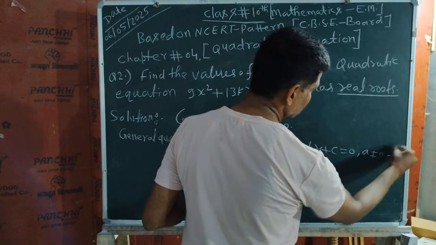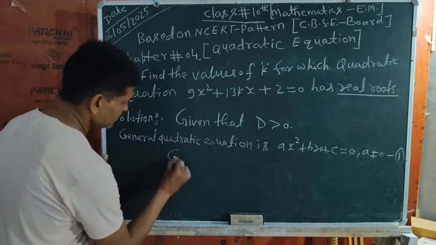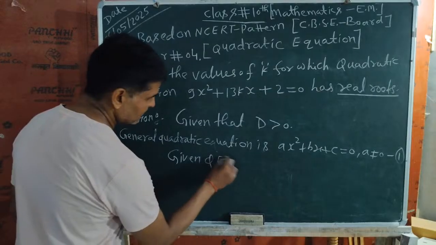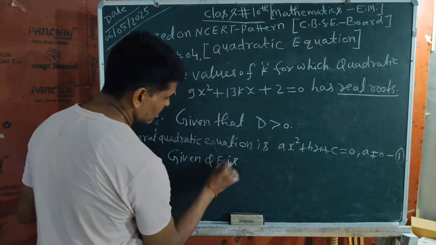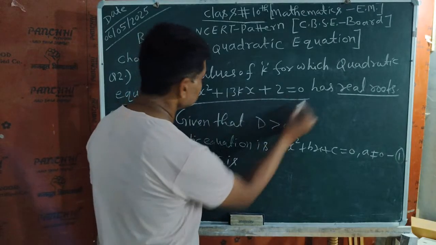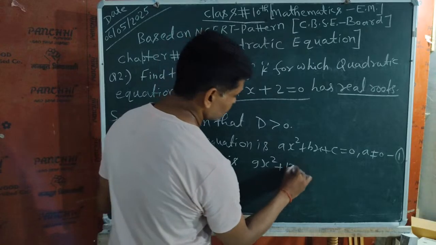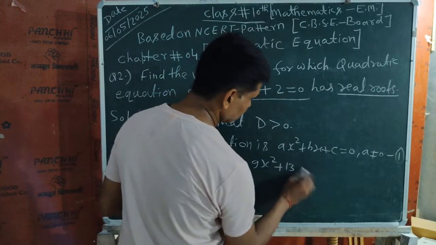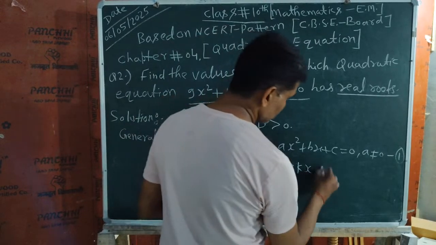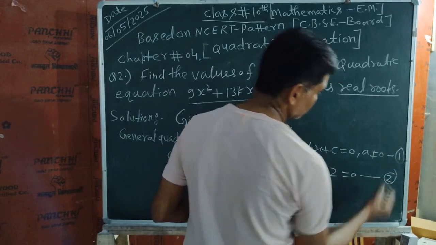I will say this is equation number 1. Now the given quadratic equation is 9x square plus 13kx plus 2 is equal to 0. I will say this is equation number 2.